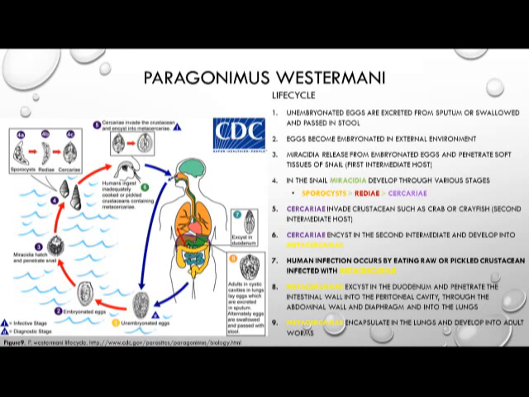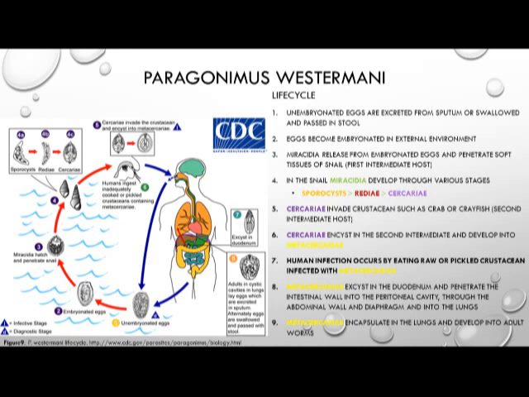Inside the snail, that miracidia will go through a developmental process where it'll eventually become a cercaria. The cercaria will then leave the snail first intermediate host and invade the second intermediate host, the crab or crayfish.